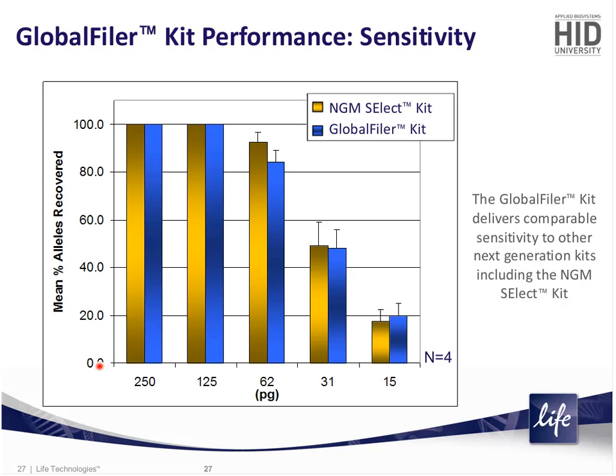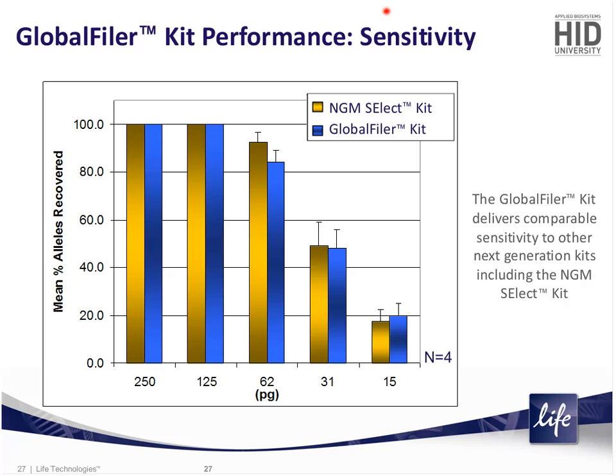So what you can see here is going down the dilution scale of a variety of different concentrations of DNA. What you'll be able to see are that we've got comparable sensitivity between the two systems. So we've maintained that sensitivity. We have not compromised the sensitivity just because the multiplex has got larger, but we haven't increased the sensitivity either, making it more difficult to interpret.